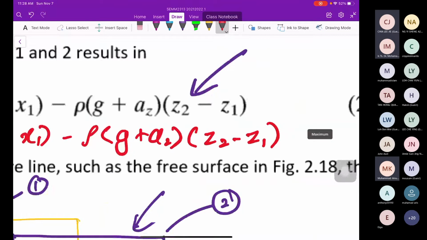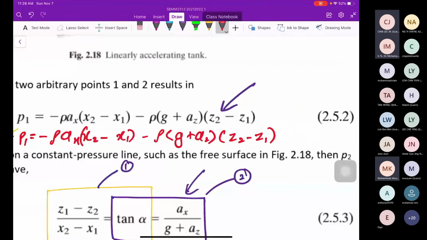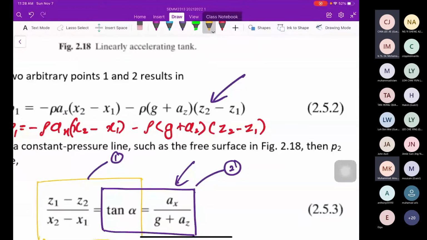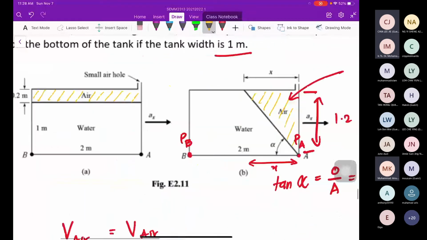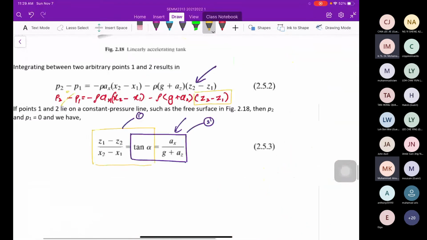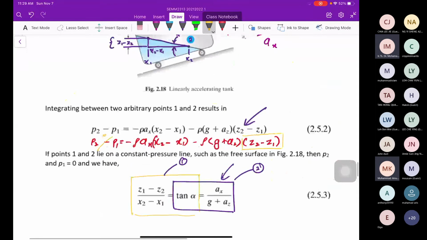You can see here, Z2 minus Z1, when we refer to this one, this is ZB, this is ZA. It is 0, ZB minus ZA. The only thing left is basically this equation. We can use it directly.